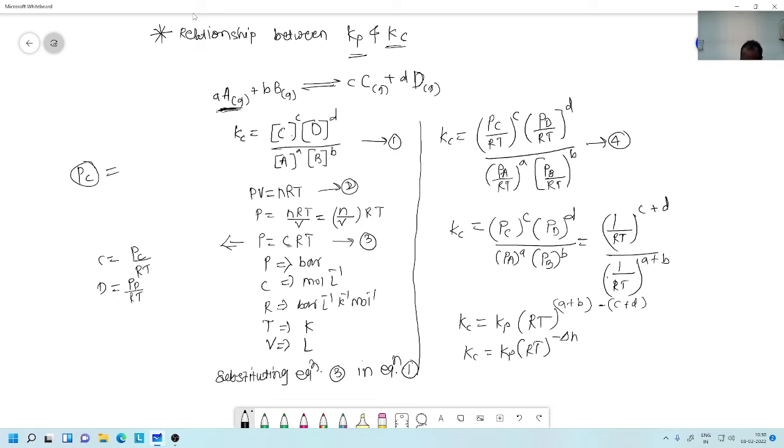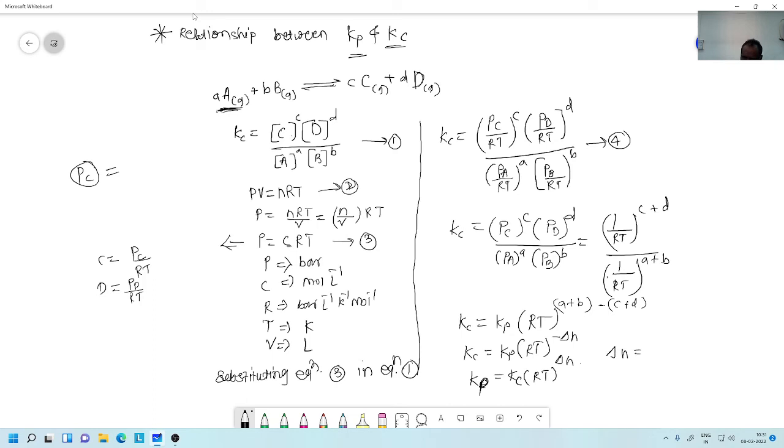I'll interchange this one. Kp is equal to Kc into RT raised to delta n. Why delta n? This Kc will be divided again by this equation, and if I rearrange this equation, the minus sign will become a positive sign, right? So where delta n is what?